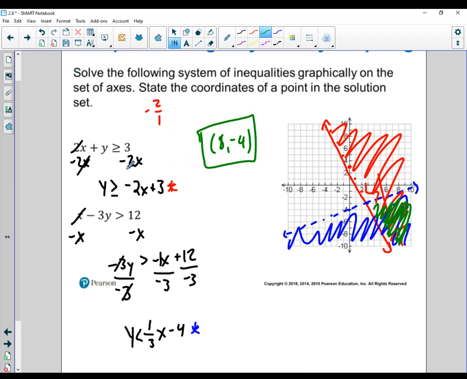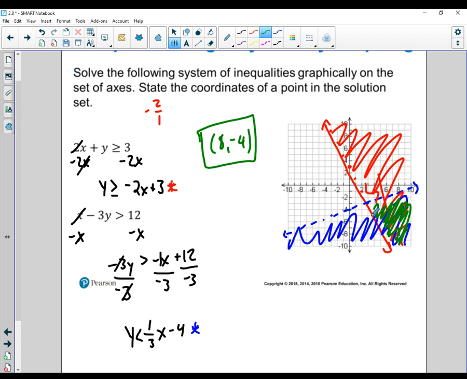And also as a reminder, this solid line is representing or equal to, and this dotted line is when there's not or equal to. What that means is that the points on this line make this inequality true, but the points on this line don't make this inequality true, right? But everything just under this line does.